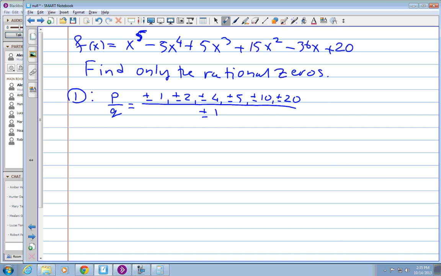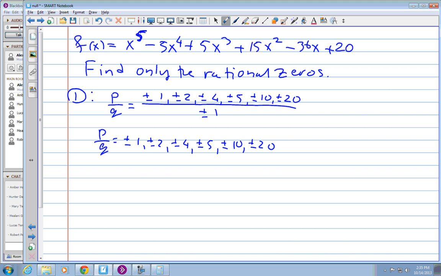So your denominator doesn't even matter in this case. Do you agree with that? So these are the possibilities.